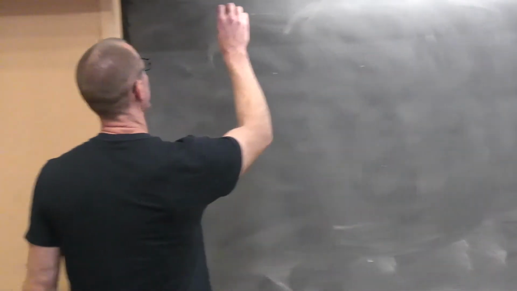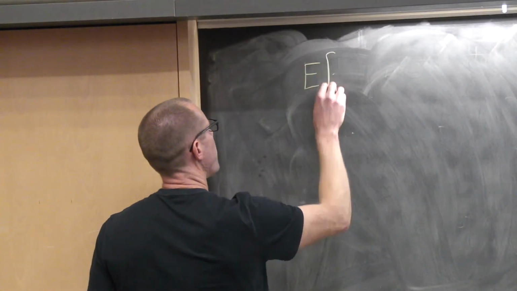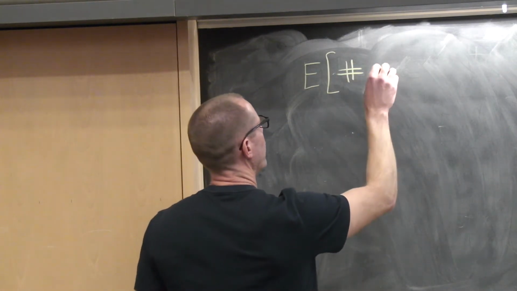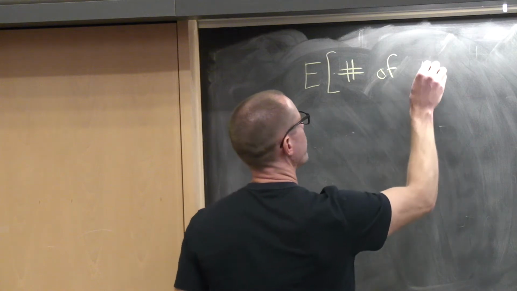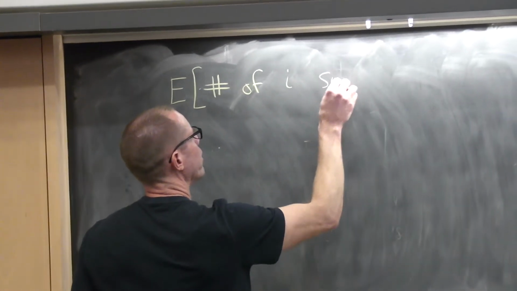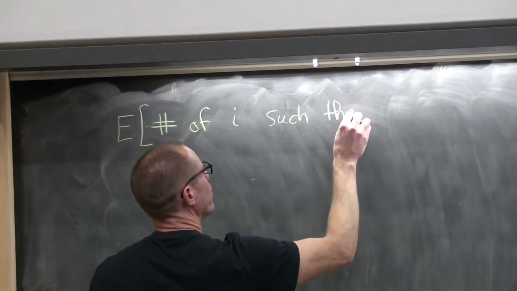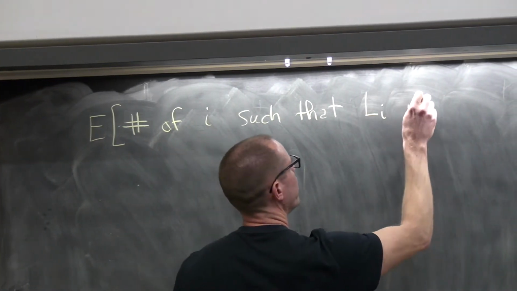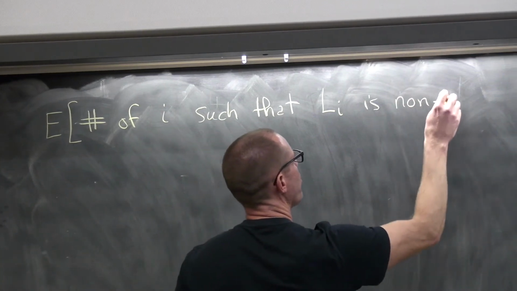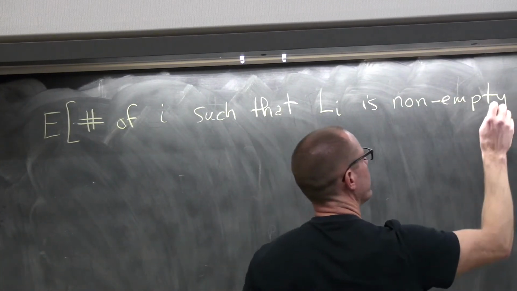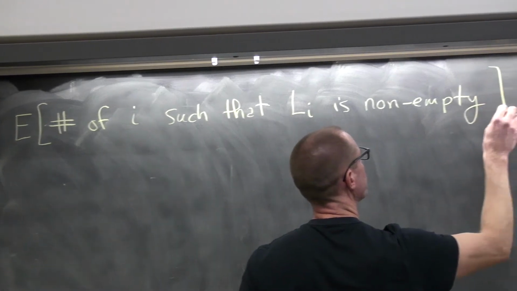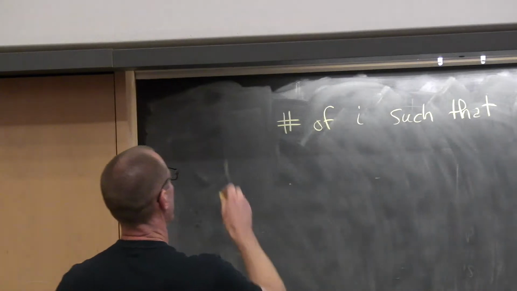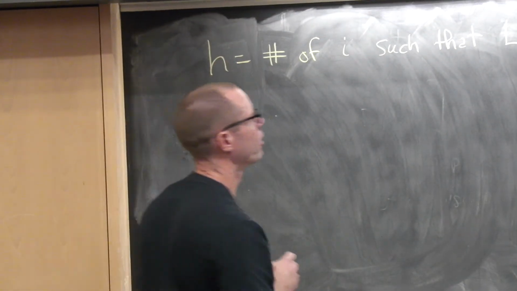So let's say we want to know the expected number of values I such that L sub I is non-empty. Let's call that thing H for height.